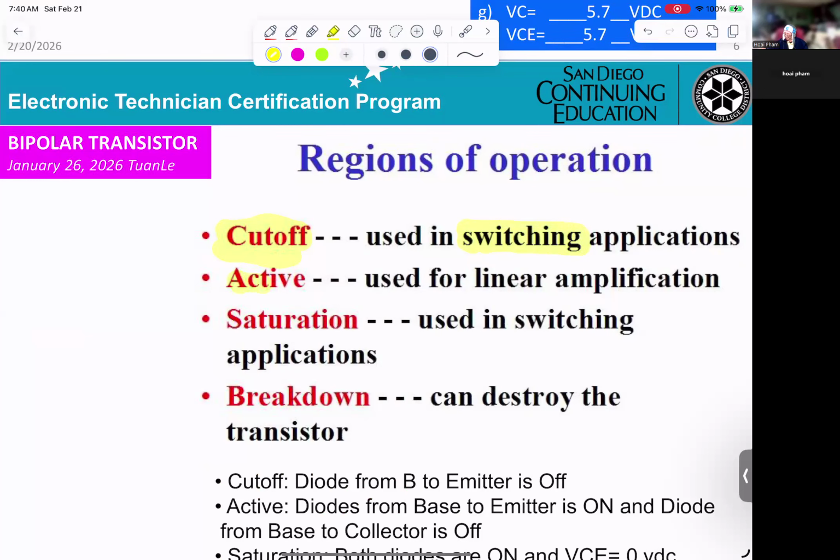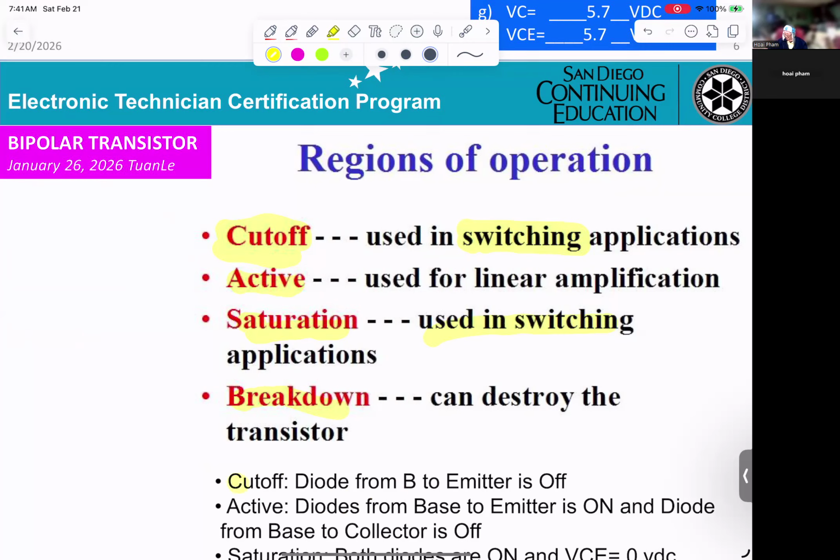Active, used for linear amplification, amplifier. Saturation, used in switching. That means the same thing like cutoff, switching application. Breakdown can destroy the transistor, okay?